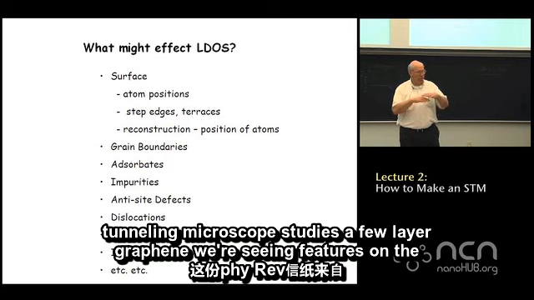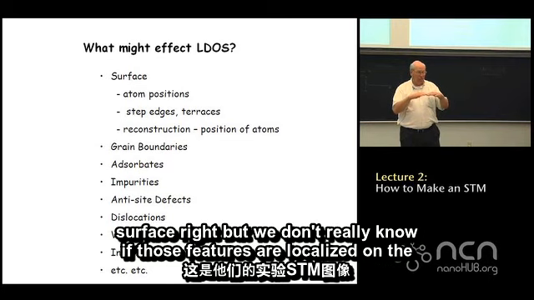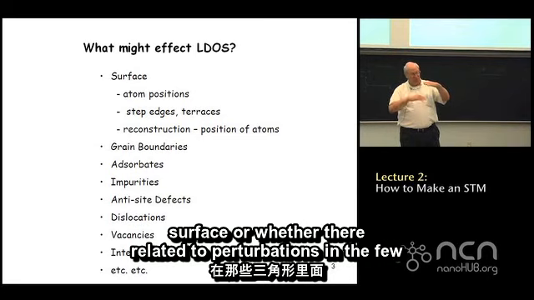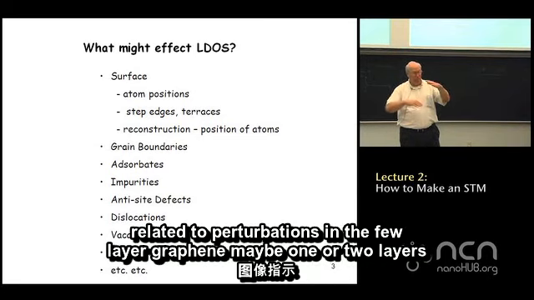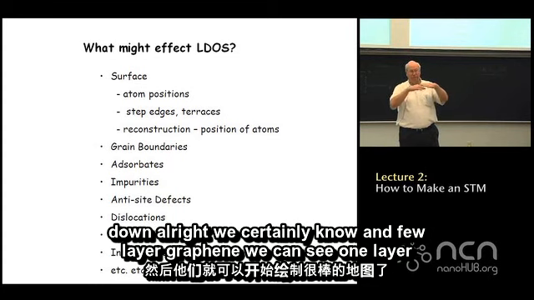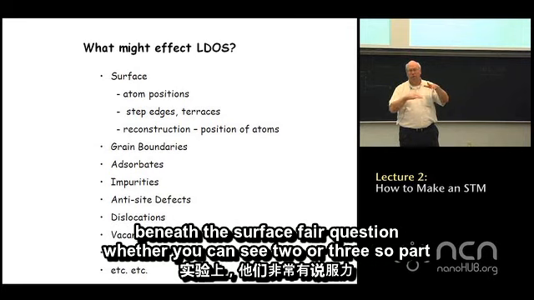We're seeing features on the surface, but we don't really know if those features are localized on the surface or whether they're related to perturbations in the few-layer graphene, maybe 1 or 2 layers down. We certainly know in few-layer graphene we can see 1 layer beneath the surface. It's a fair question whether you can see 2 or 3.